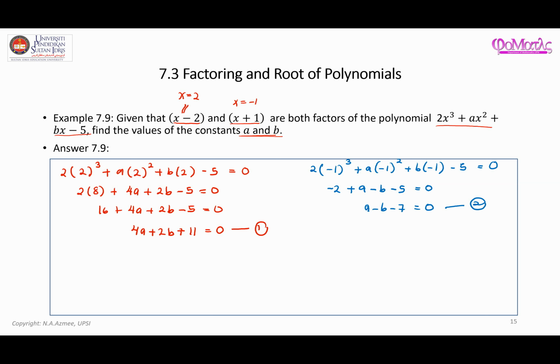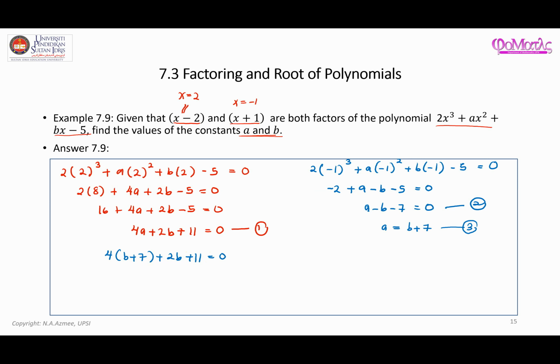So based on equation 2, I can say that a is equal to b plus 7. So this is equation 3, and I'm going to substitute this into 1. Therefore, 4 times a, so a is b plus 7, so 4 times b plus 7 plus 2b plus 11 is equal to 0.